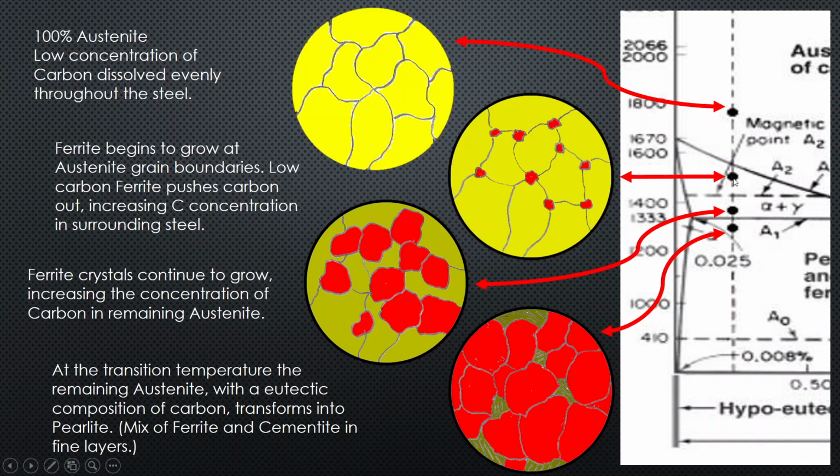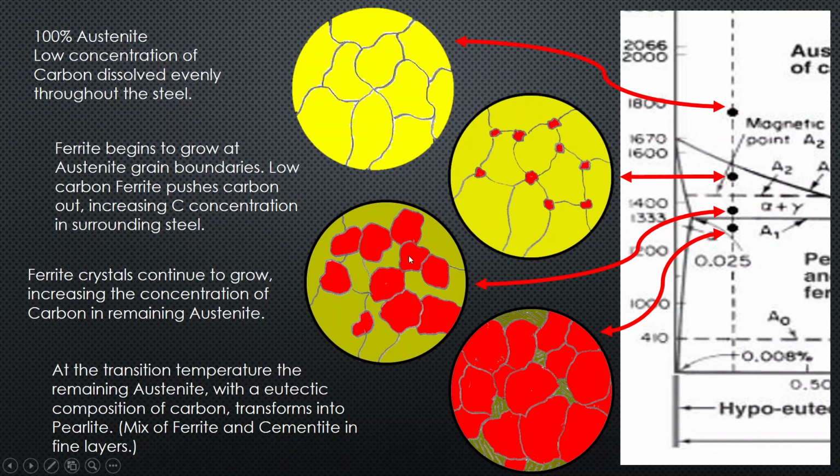As you start to cool down, at the grain boundaries, which are our high energy sites, little bits of ferrite start to grow. The little bits of ferrite are very, very pure iron. They've got no carbon in them to speak of, so they're squeezing that carbon out into the surrounding structure, increasing the concentration of carbon in the remaining austenite.